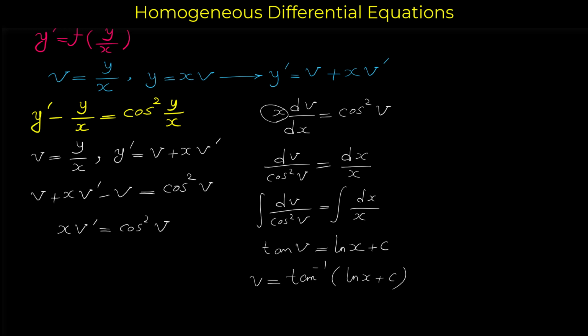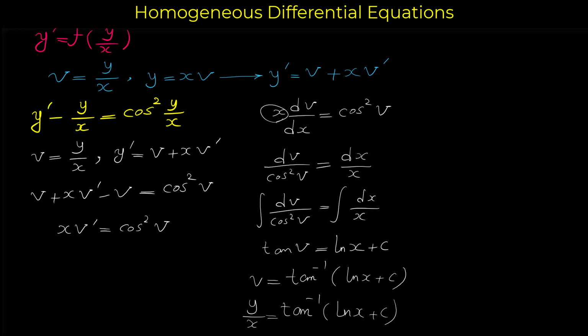But don't forget, in our original equation, y is the unknown function, and we want to find y from this differential equation. So at the end, we have to replace v with y over x. So y over x equals tangent inverse of ln of x plus c.